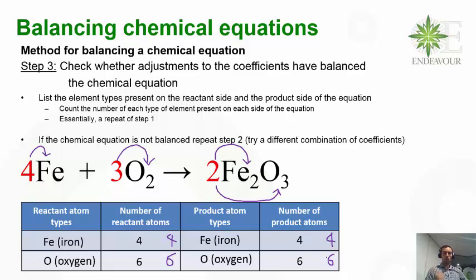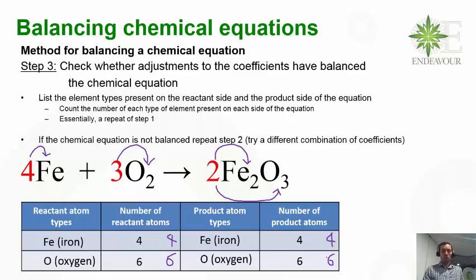So voila, we have 4 iron atoms on the reactant side, 4 iron atoms on the product side, and 6 oxygen atoms on each side as well. So we've actually been able to balance the equation. Okay, so this shows us that yes, the chemical equation is balanced. This is a real representation of how iron and oxygen would react together to create our Fe2O3 compound.